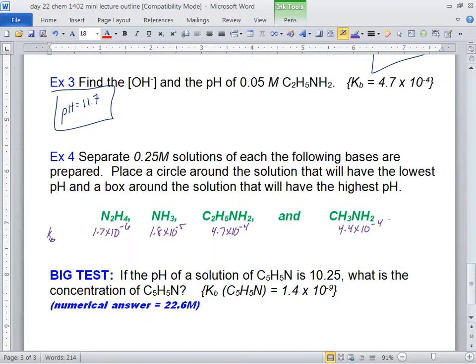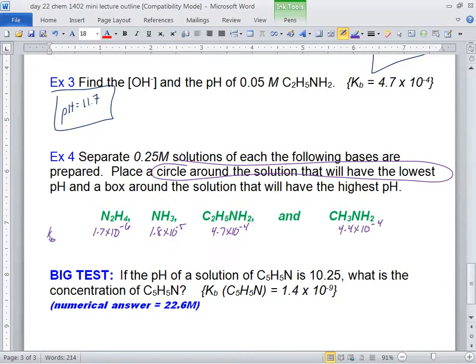Let's pick on somebody here. Kenneth, did you do this one? Number 4? Which one? Let's see. That said circle the lowest pH. So that means, do you circle the biggest Kb or the smallest Kb? The smallest, because low pH means very acidic. Good. So he's telling you to circle the smallest Kb.